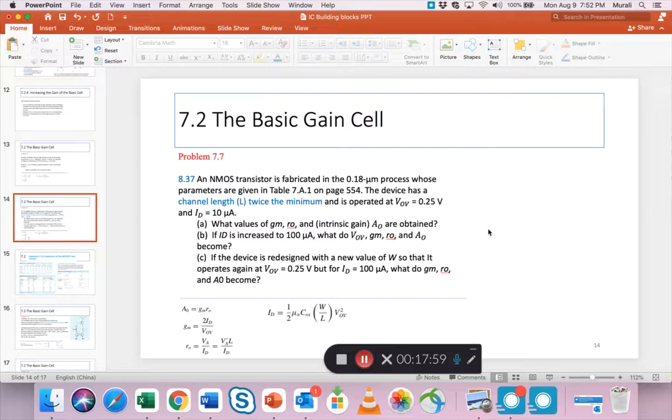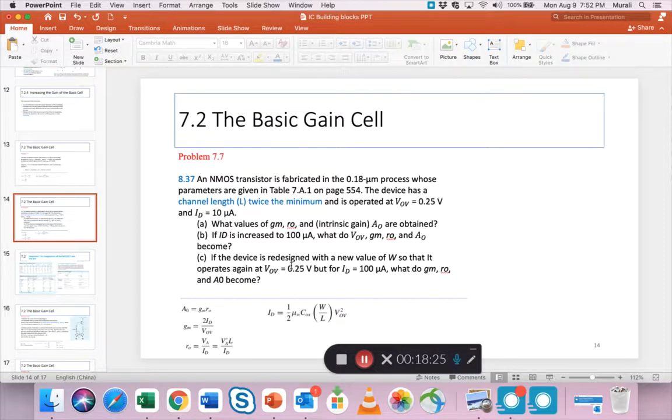Then in part C, he says we have this overdrive voltage of 0.25, but ID is not 10 anymore, it's 100. Here also in part B we increased ID to 100, but the corresponding VOV changed, right? We were allowed to change it.